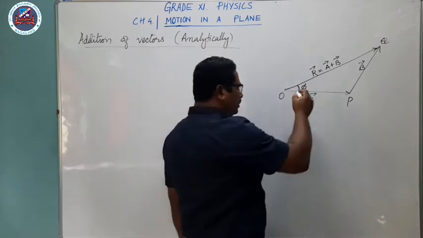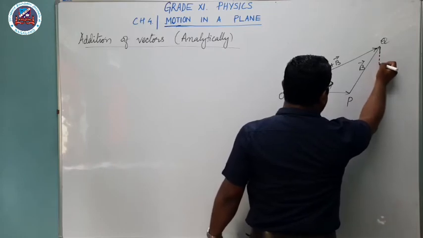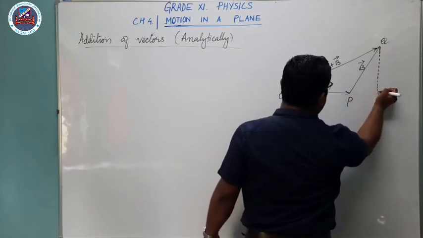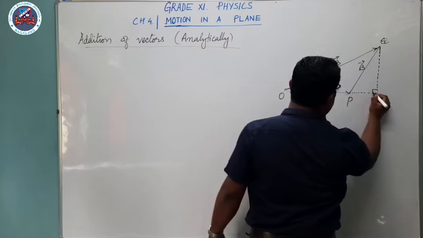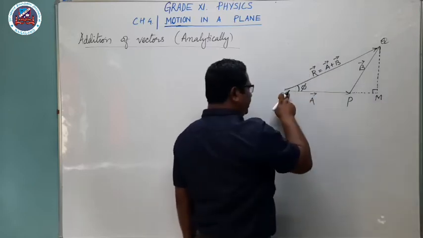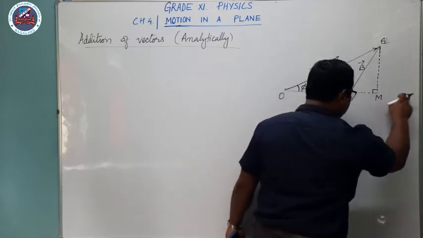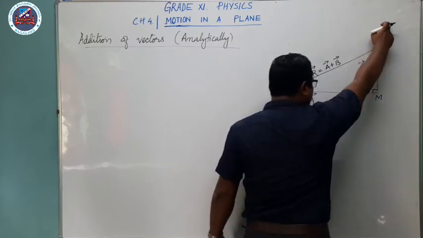Now, to find out the magnitude, you have to construct here. You will drop one perpendicular line with OP produced. This angle will be 90 degrees. Let it be M. This vector is pointing to the right side, and this vector is pointing up this side.